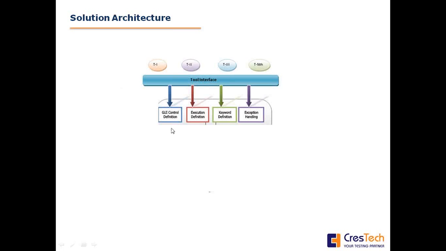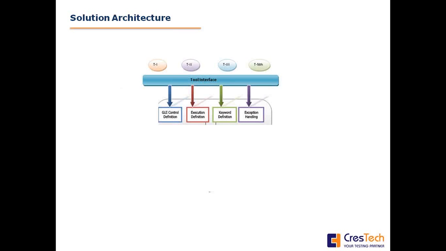So the first is GUI control definition. As we all know, each automation tool has its own methodology defined to identify objects uniquely in the application. So a GUI control definition is basically a mapping list of all possible objects and its associated set of standard attributes.